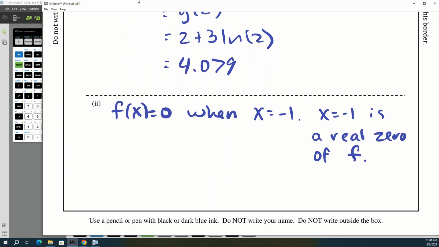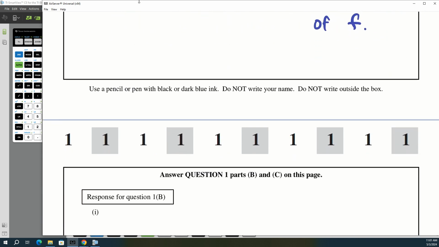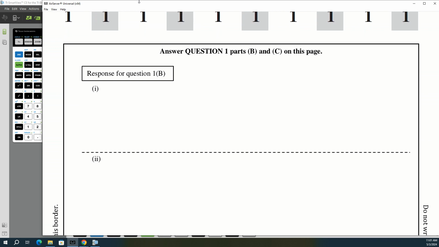Okay, and then part B asks us to find all the x values as a decimal approximation for which g of x equals e. So I want you guys to do this one on your own. It's pure calculator.